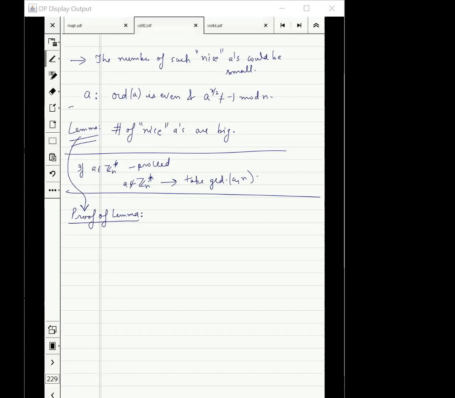Probably the idea can be given by just considering n to be p1 times p2. Assume n is the product of two primes. What we will need in the actual proof is that n is equal to k1 k2, where k1 and k2 are two co-prime factors. But let's not worry about it. Let's take the easier case, and that will give you the intuition of how this works. So I should say proof of lemma for the simple case.